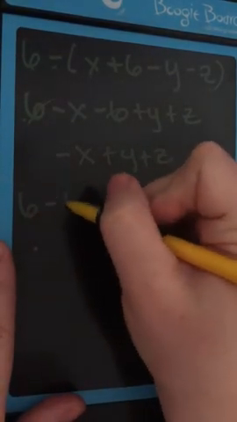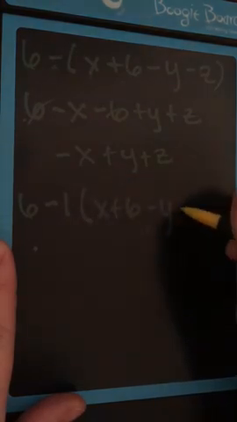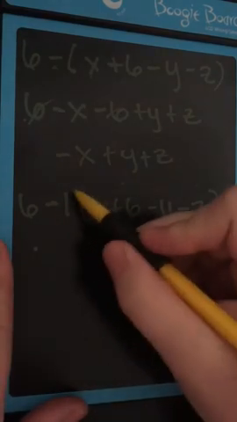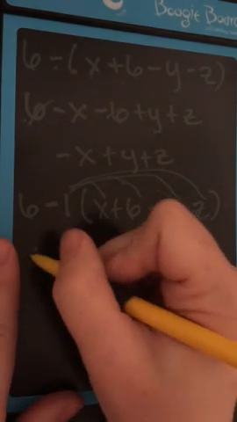Now let's think about it with a 1 out in front. We have this 1. All right, let's distribute this 1 to each of these terms, to every single one of the terms, and see what we get.